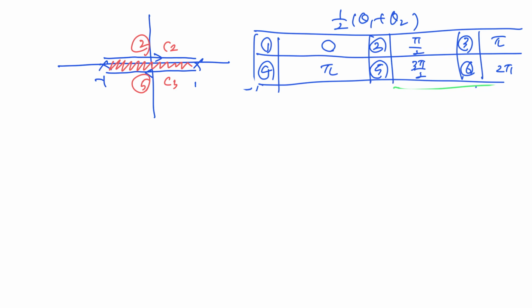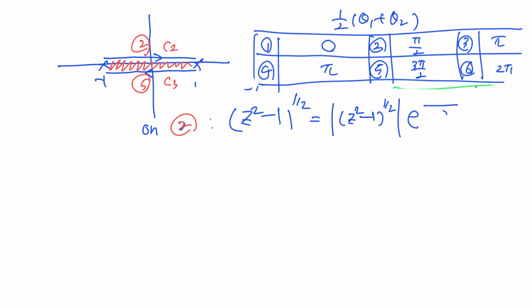We have to be really careful about this. Z squared minus 1 to the half is on 2, which is the absolute value of this, exponential theta 1 plus theta 2, right?